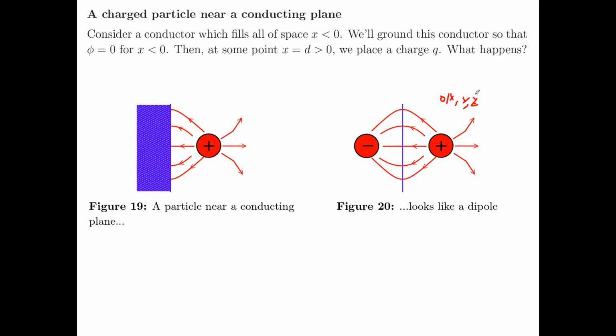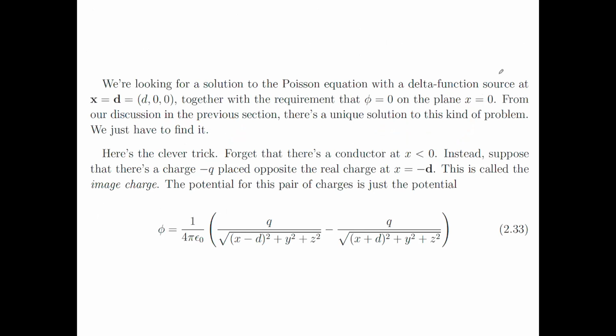Forgive my writing because I'm using the touchpad. It's really difficult. Now, if you want to calculate the potential at x, y, z, what can you do? Here, this is r, q over r squared plus q over r prime squared.